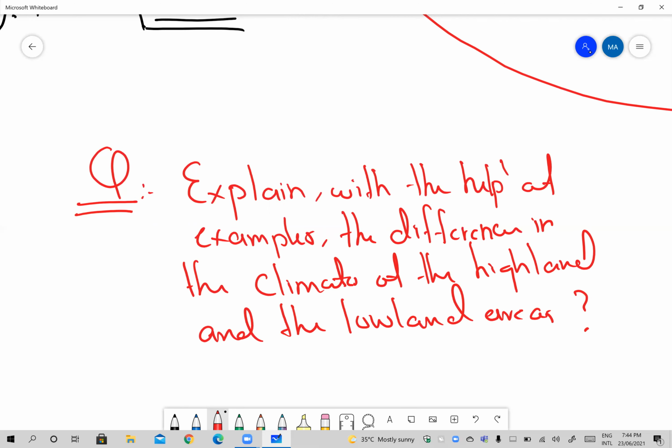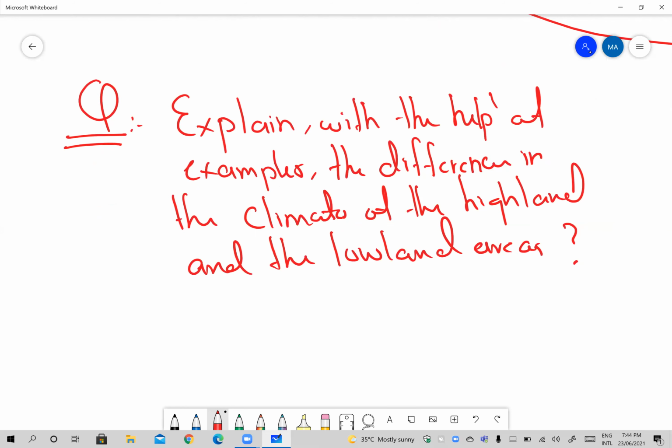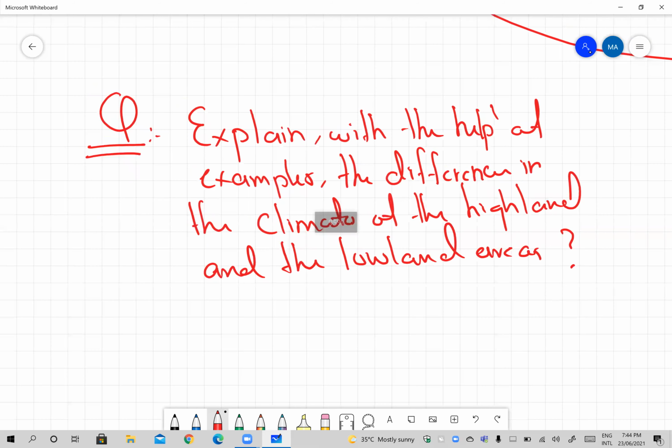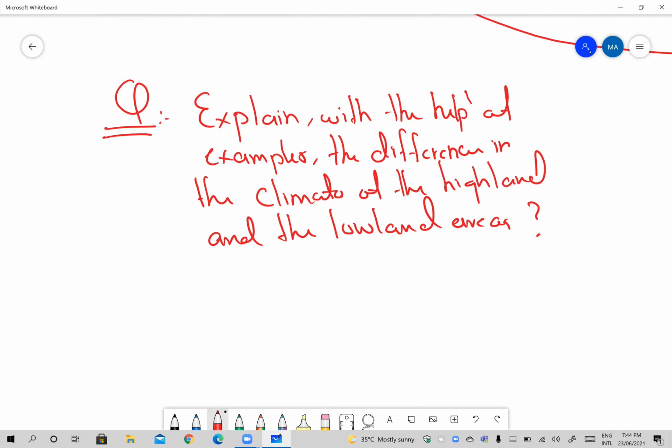So guys, you need to explain with the help of examples the differences in the climates of the highland and the lowland areas. We've written everything down. Go through these notes once and then try to come up with an answer. Write 3 points for the climates of highland areas and then 3 points for the climates of the lowland areas, with examples of cities, examples of specific types of weather conditions and everything.